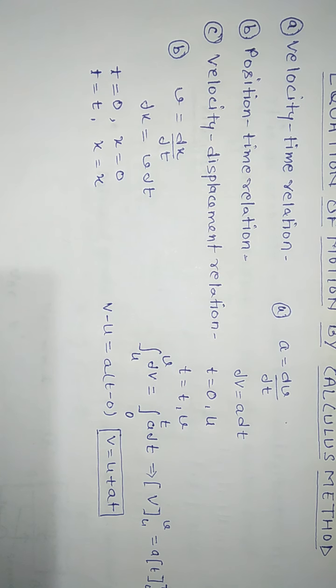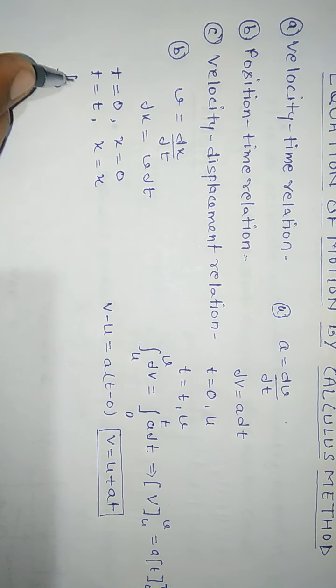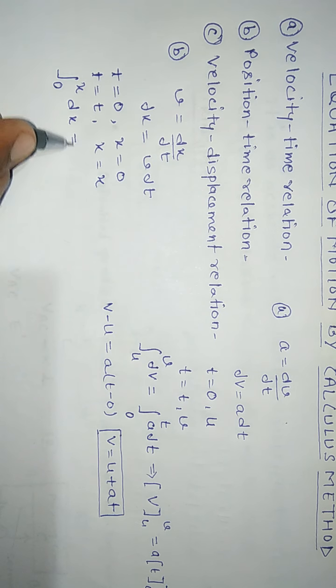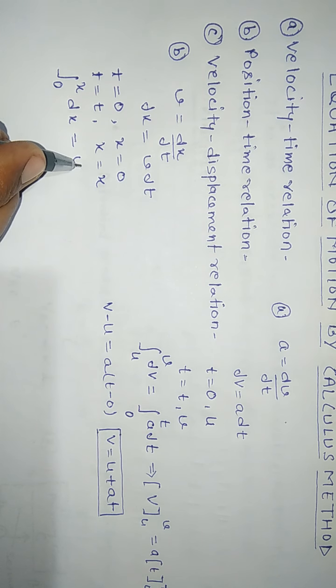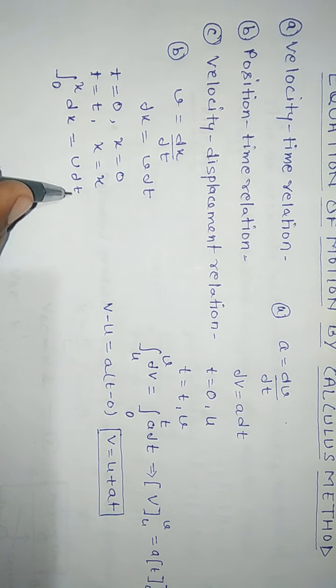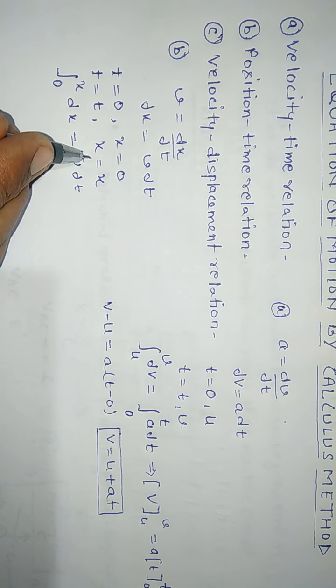So integrating this equation within the proper limits, the limits for x will be 0 to x, dx is equals to v dt, and the limits will be 0 to t.